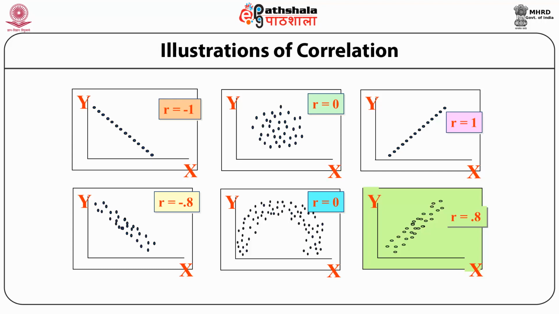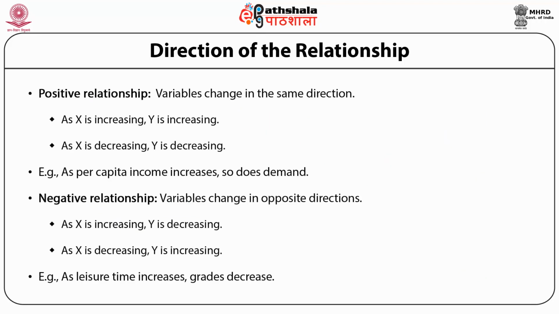One can note here, r equal to 0 doesn't mean that there is no relationship between both the variables. It means there is no linear relationship between the variables. Other types of relationship may exist. The direction of the relationship can be positive or negative. I have already discussed it.